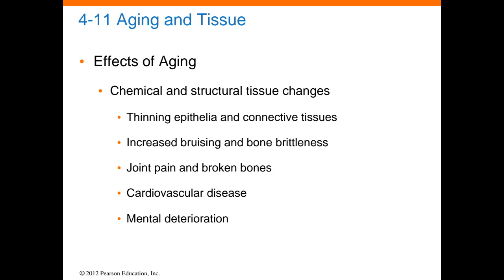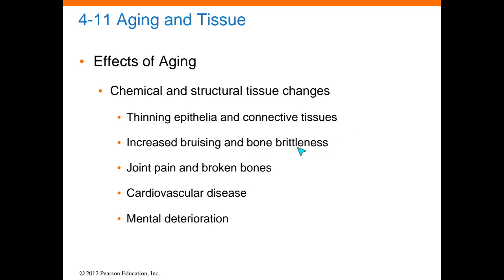So the last slide that we talk about is on what happens when we age. So as we get older, our tissues will start to thin out. Tissues such as epithelial tissue will start to thin out. Okay. You'll have an increased bruising and bone brittleness.